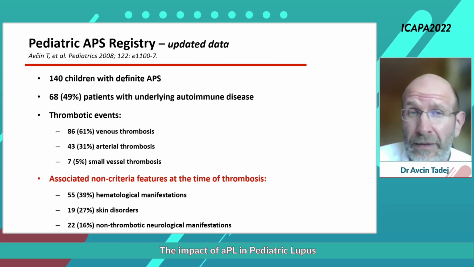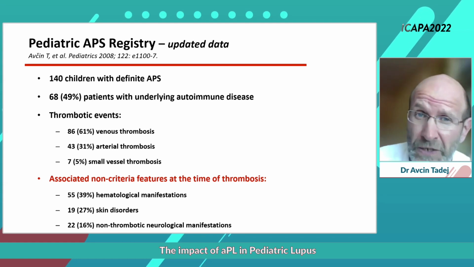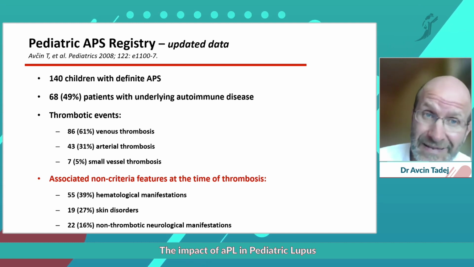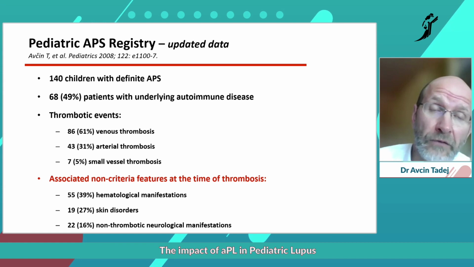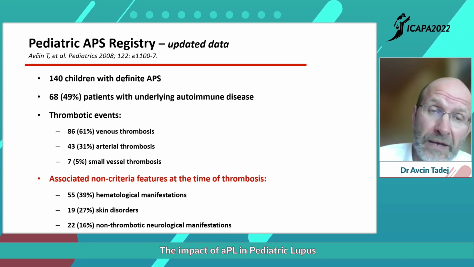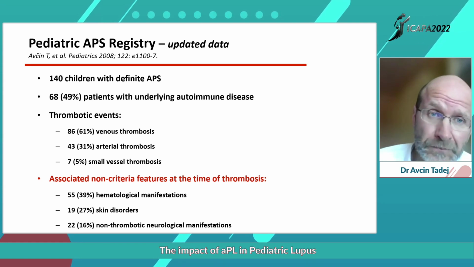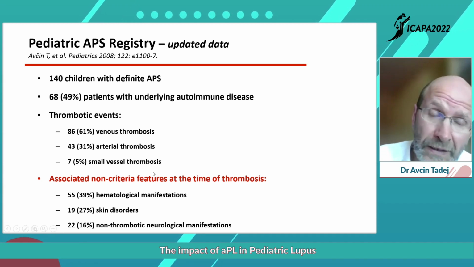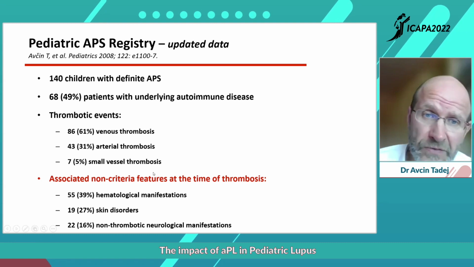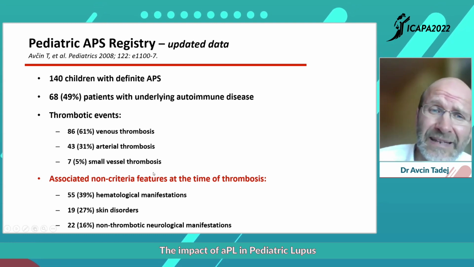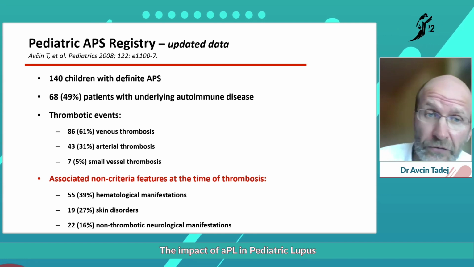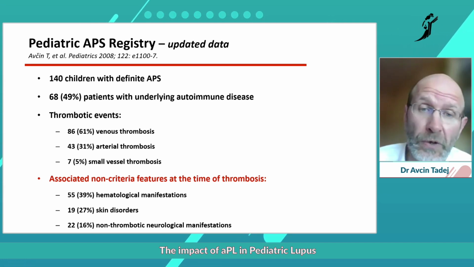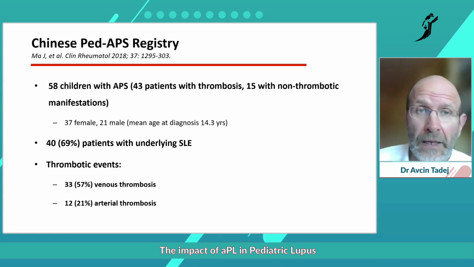The data that I would like to highlight: half of these patients had underlying autoimmune disease, and in 90% this was SLE. So almost half of the patients included in the pediatric APS registry had underlying SLE. You can see here the frequency of thrombotic events, and already with the analysis of data from the pediatric APS registry, we noticed significant association with non-criteria features, particularly hematological, skin disorders, and some non-thrombotic neurological manifestations.